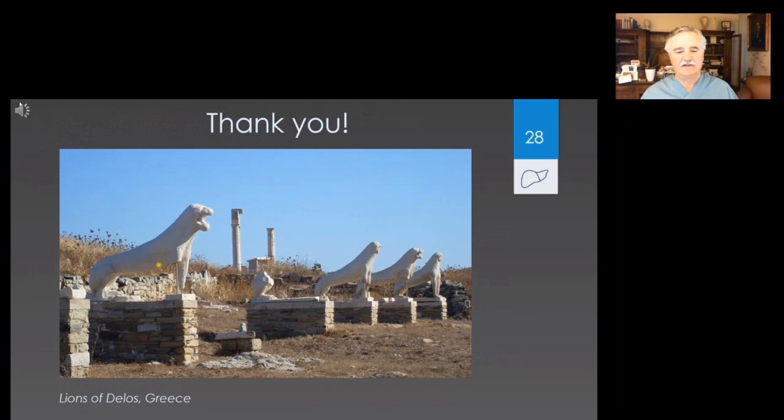In front of those lions of Delos, Delos is a small Greek island, let's think about capacities and possibilities of ultrasound.